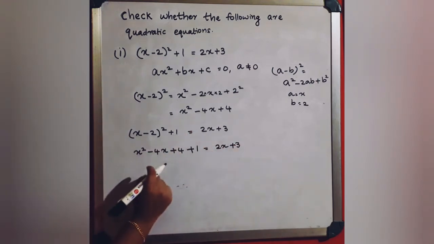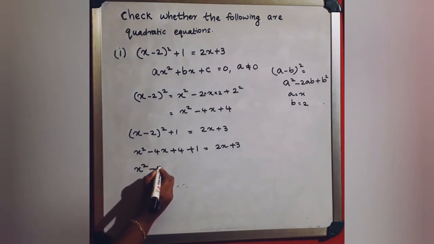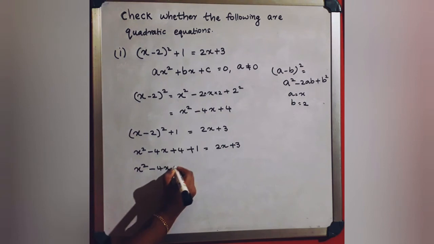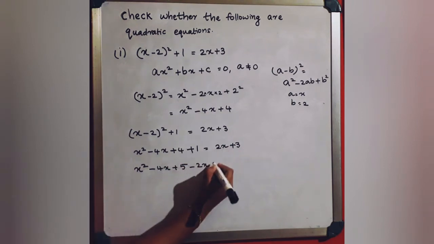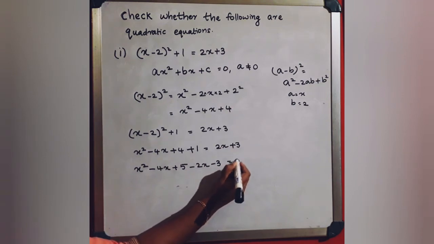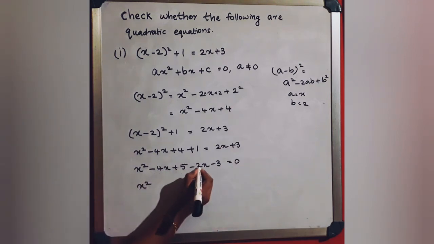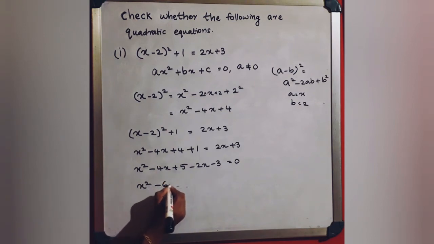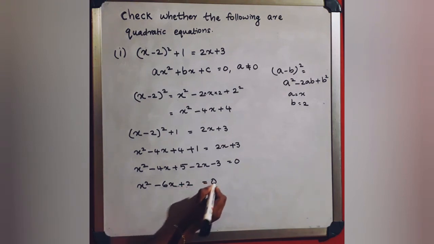Just take these values to the left side. It becomes x square minus 4x, 4 plus 1 is 5, 5 minus 2x minus 3 is equal to 0. x square, minus 4x minus 2x is minus 6x, 5 minus 3 is 2, is equal to 0.